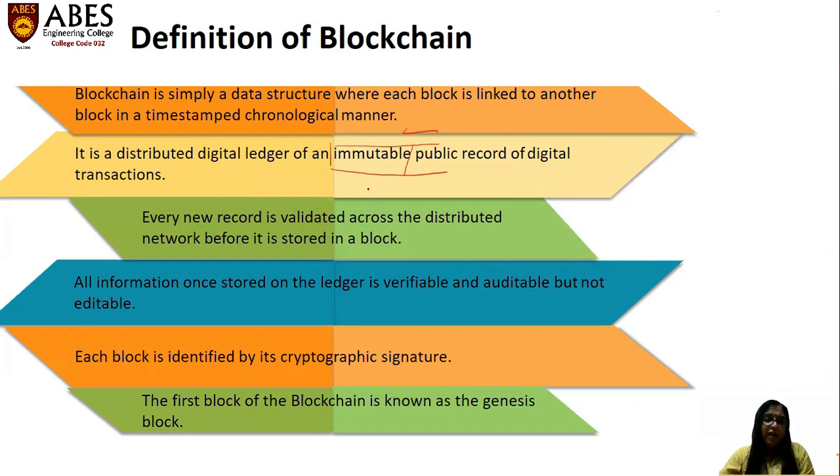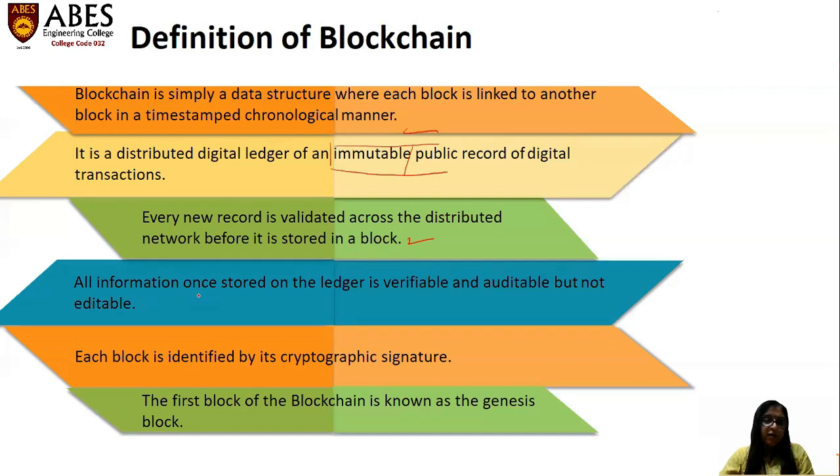Every new record is validated across the distributed network before it is stored in the block. So if a new record is created, firstly it will be validated by the distributed network, and after the consensus of all the nodes in the network, it will be stored in the block.